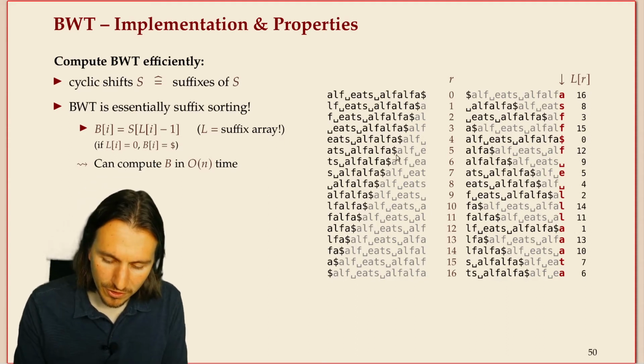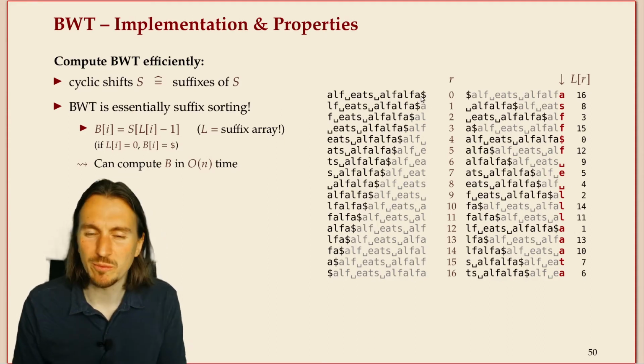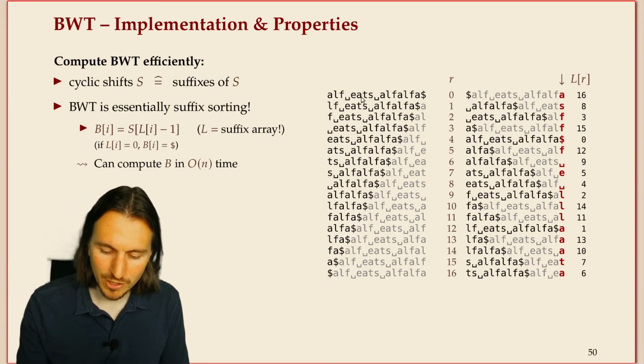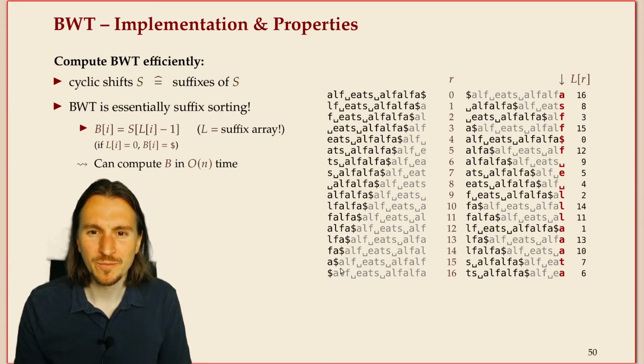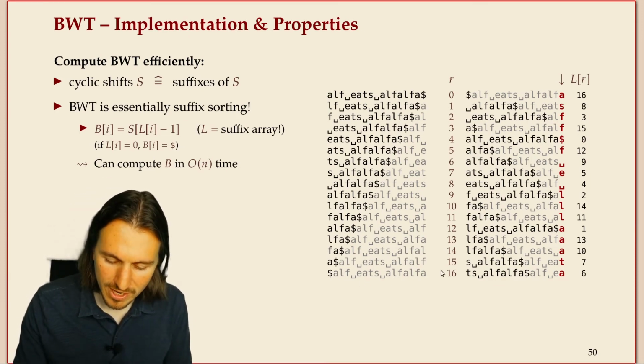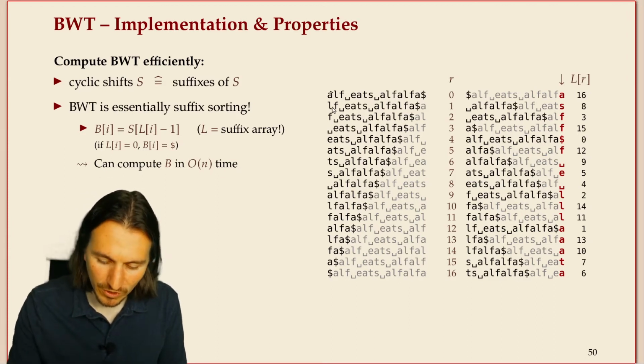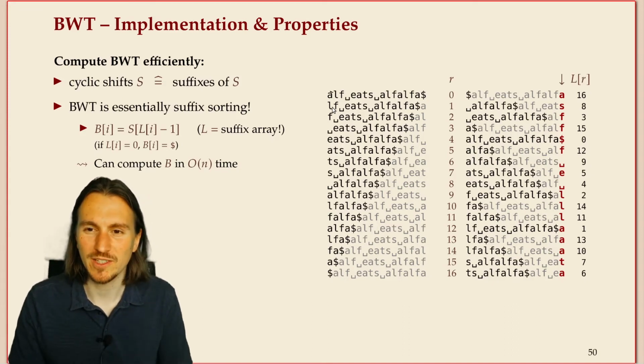You never have a cyclic shift where the dollar occurs at the same position. You never have an equal there. So any comparison between cyclic shifts will have the same outcome as if you ignored the gray part and just looked at the suffix starting at the same position. Okay, so sorting cyclic shifts is the very same task as sorting suffixes.